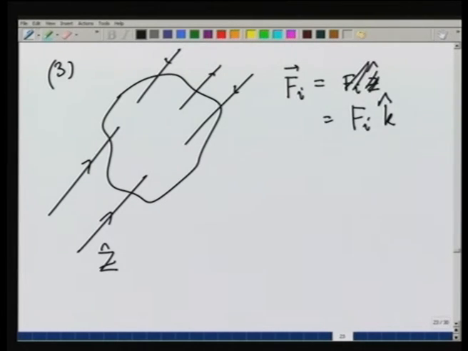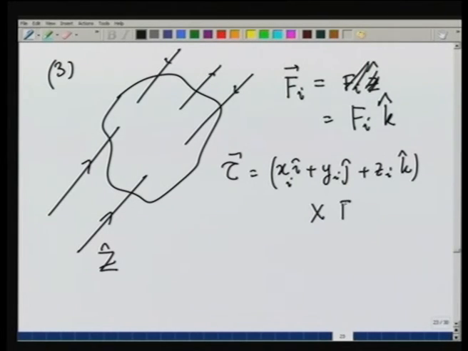And therefore, if I were to calculate their torque about any given point, the torque, which is x i i plus y i j plus z i k cross F i k, would give me x i F i i cross k, which is j with a minus sign, plus y i F i j cross k, which is i.